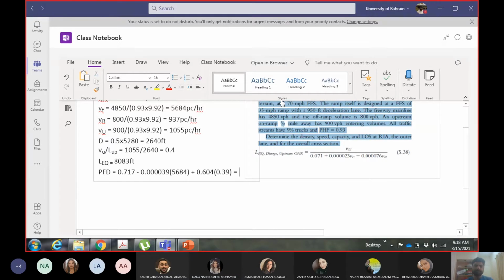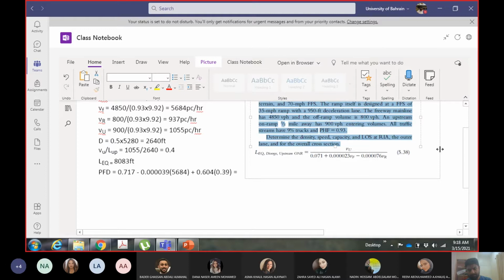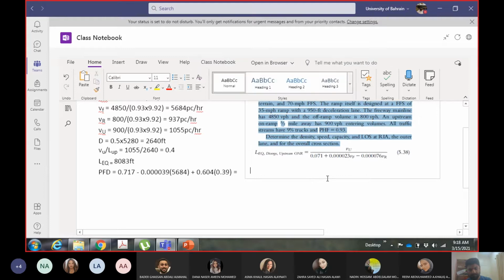Okay. So how much is it? 0.736. 0.736 or 0.74, right? Okay, so now we can calculate the proportion of traffic in the two adjacent lanes.